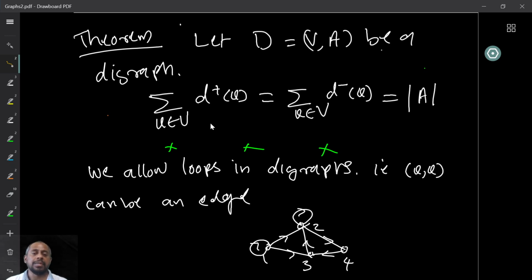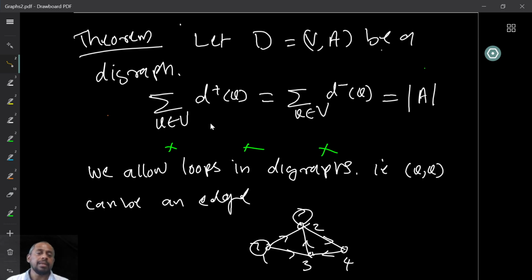This is kind of obvious, but still, if you want to give a formal argument, you just look at any arc, and you can see that it contributes 1 to the sum of out degrees of its initial vertex, and 1 to the sum of in degrees of its ending vertex. So therefore, the result follows immediately.